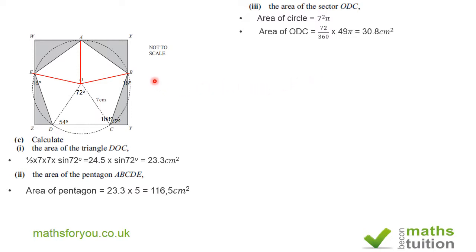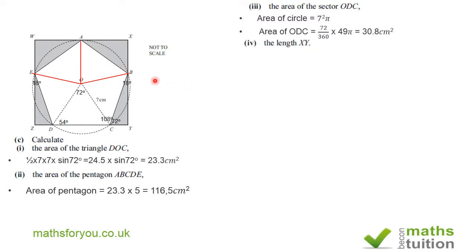Right, now in order to find the area of the rectangle, we need to find this height here, XY, and it has to be found in two sections. Firstly, we look at the angle XBA, this angle here.